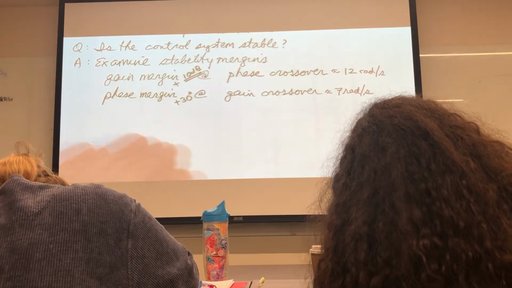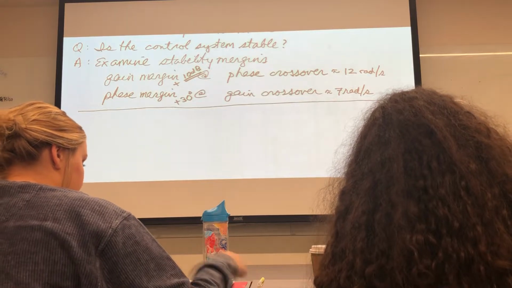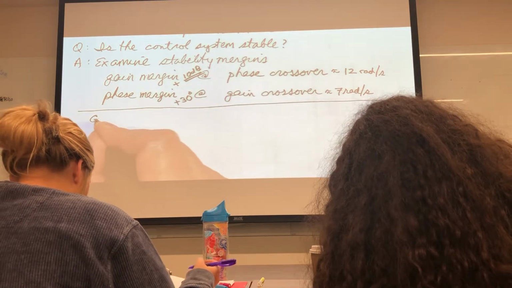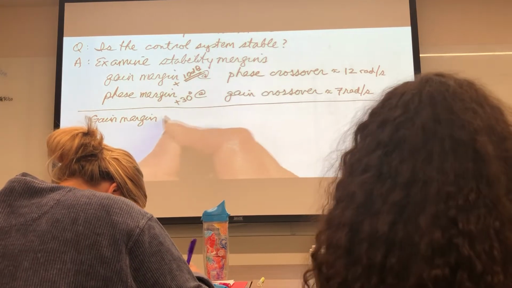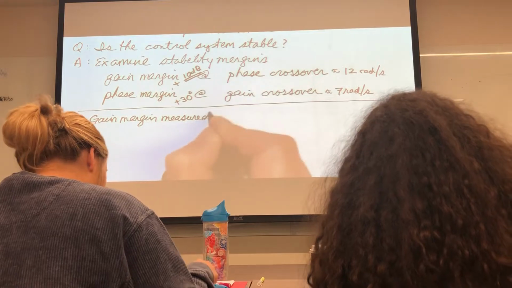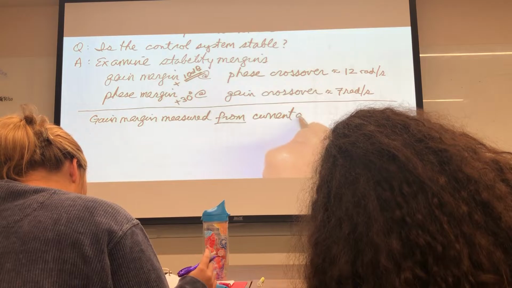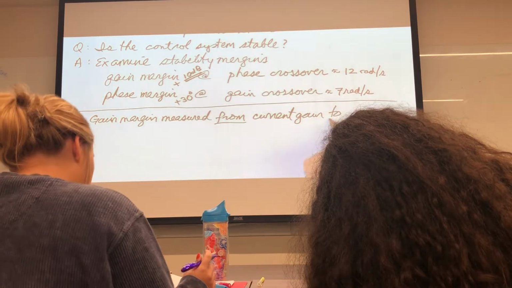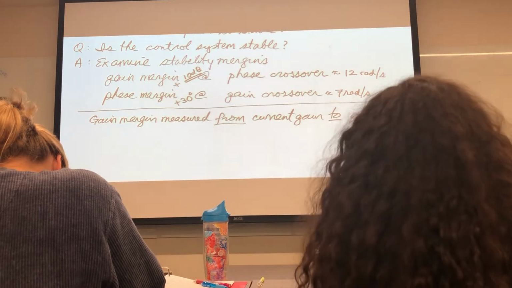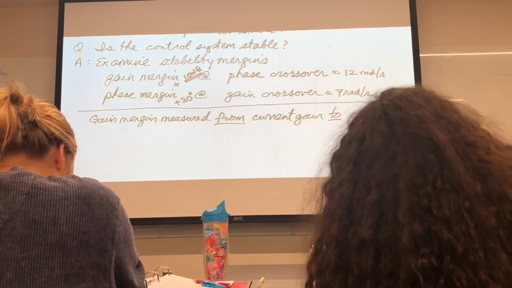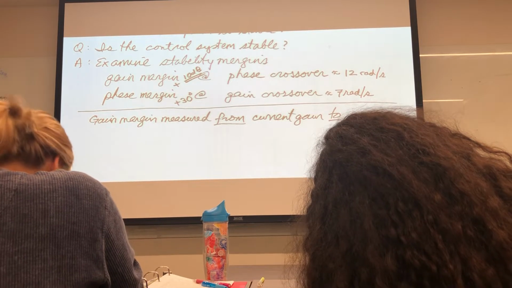Okay. If you didn't catch that from the Friday notes, I'm going to say it again. Gain margin is measured from the current gain to 0 dB. That's the direction you need to draw your arrow, from the current gain to 0 dB. Now you would think we would be consistent with the phase and do phase margin from the current phase to 180, but no, we don't.